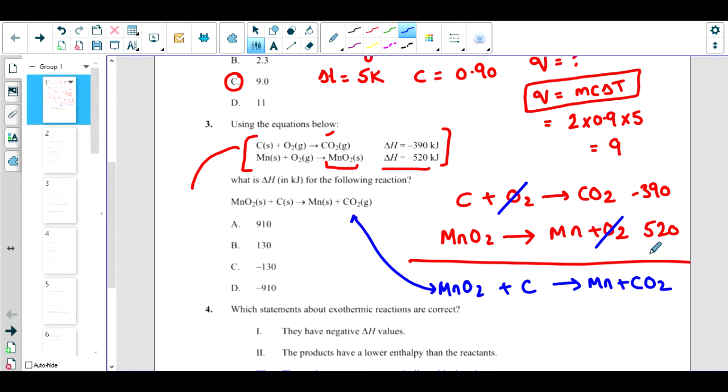So with the enthalpy, just add these two values. When you add these two values, the answer is 130, so the correct answer will be B, 130. This is the summary. Quickly we have done this topic in thermochemistry known as Hess law. In another video we will solve some more questions on Hess law specifically.